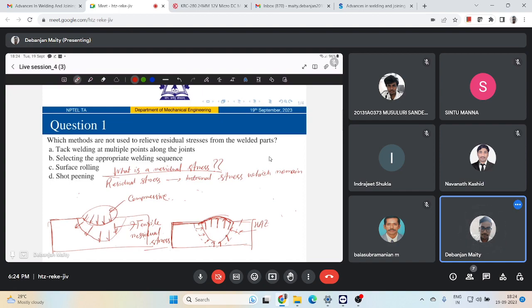Now, there are these non-destructive techniques like XRD I mentioned. So, XRD is X-ray diffraction technique, right? Now, in X-ray diffraction, the maximum depth will be about some 0.05 mm. So, this is kind of a subsurface measurement that requires always some electrolytic polishing to remove the layers.